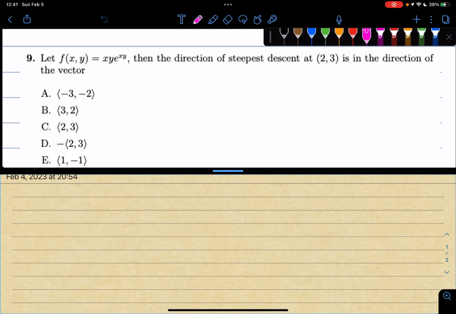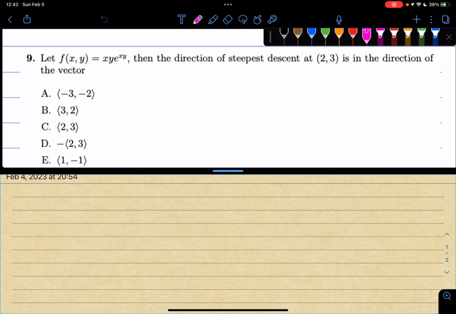You might, just by instinct, say it's a gradient problem because we're talking about gradient. But what if I just throw a random question at you? How do you know this is a gradient problem? So again, let's investigate some keywords that can tell us what type of question this is.